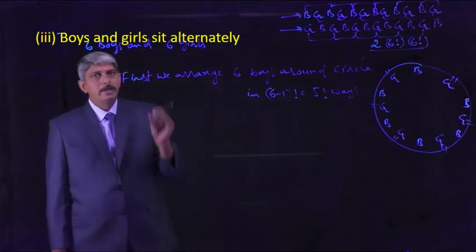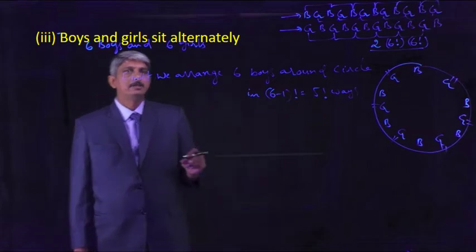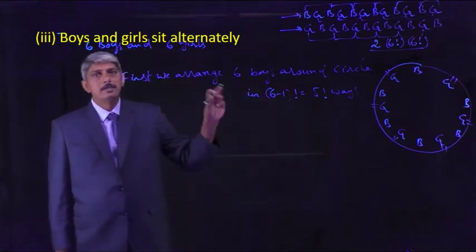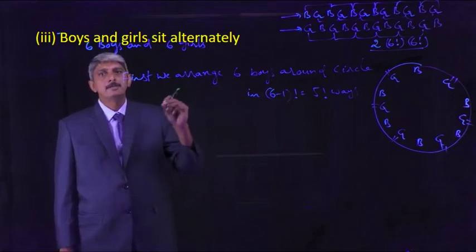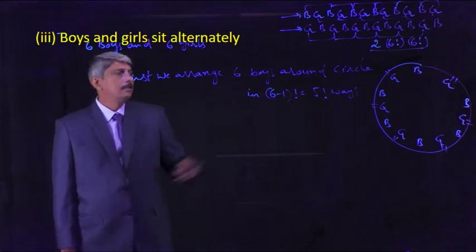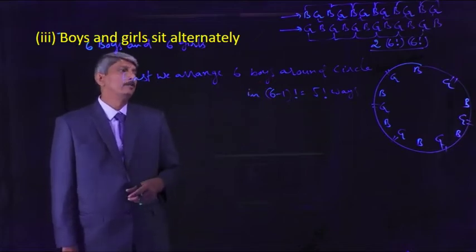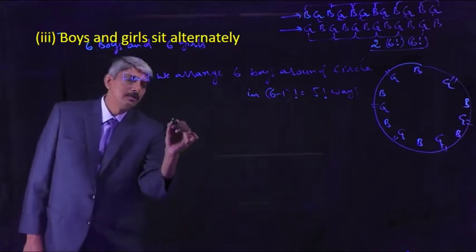Therefore, first we arrange 6 boys around a circle. After that, identify the gaps between them. So here there are 6 gaps between them. If these 6 gaps are filled by 6 girls, then we get boys and girls sitting alternatively.